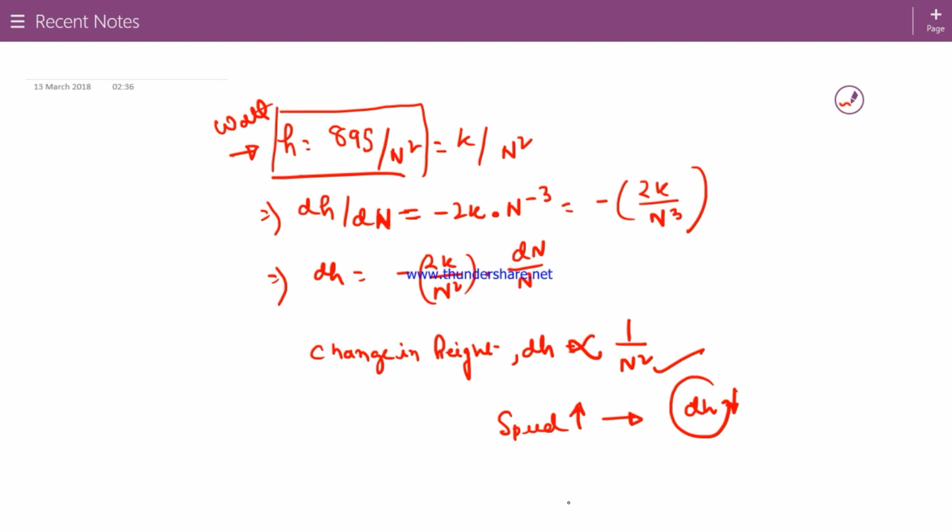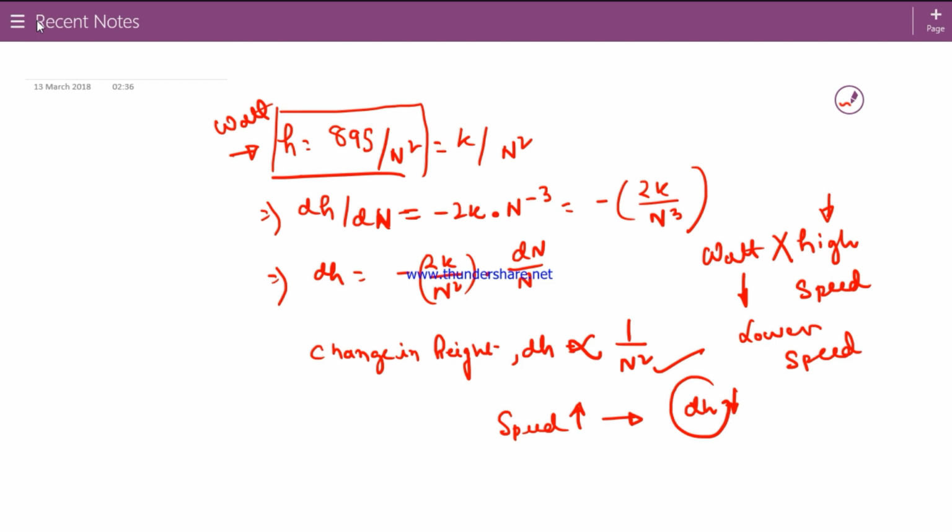But as the speed increases, there is no considerable change in height. Instead, it is decreasing, so it is not following the governor principle. Hence, our Watt governor cannot be used for high speed. It will be useful only for lower speed. Are you getting my point? So we have to develop some type of governor where we can actually deal with high speed.